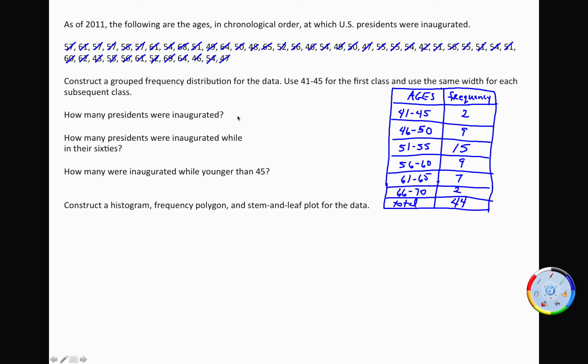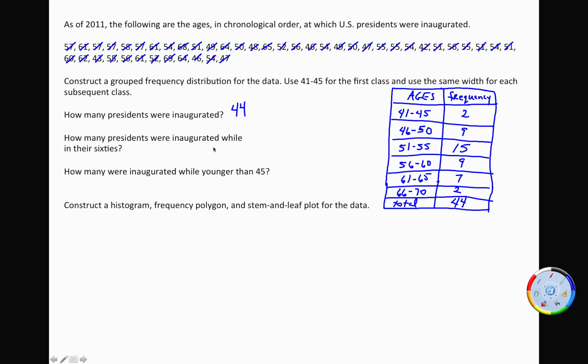How many presidents were inaugurated? Well, we just found that out. 44, right? So right here is my total. How many presidents were inaugurated while in their 60s? Okay, in their 60s, 9. That's really kind of a bad question.